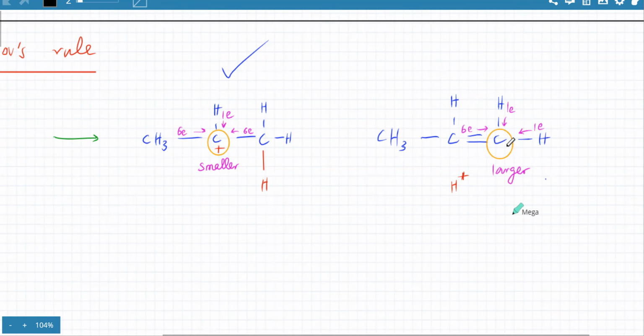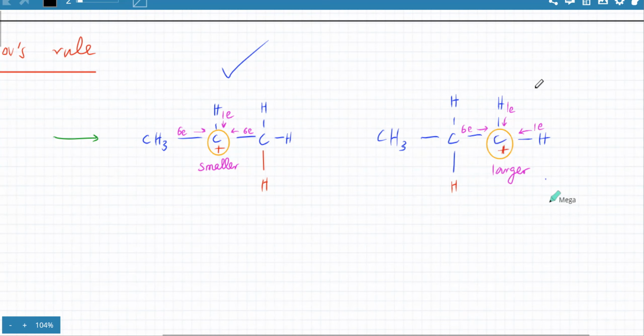First thing, I think this was clear: the positive charge on this carbon atom had a much greater charge density because it wasn't surrounded by a lot of electrons. So the positive charge in the middle of the molecule was kind of stronger. Explaining it once more: why did the carbon get the positive charge? Because the H plus was pulling electrons away from it, taking those electrons away from that carbon atom, and the carbon got a positive charge.